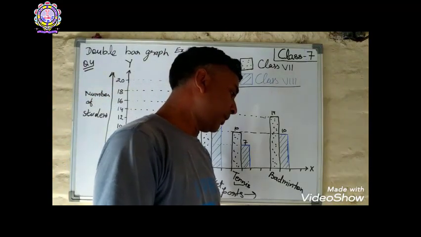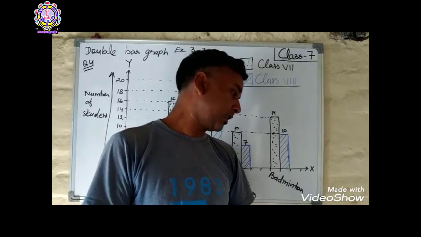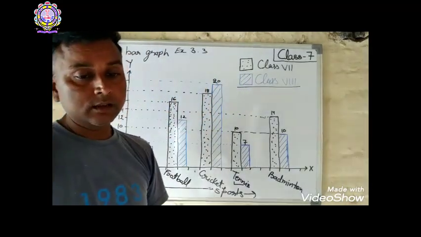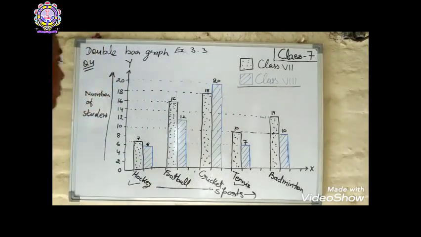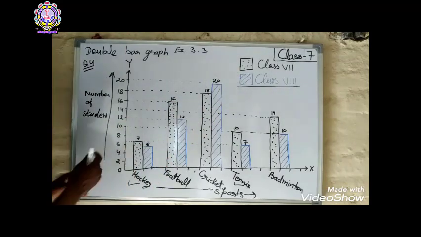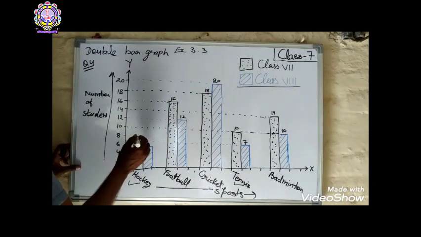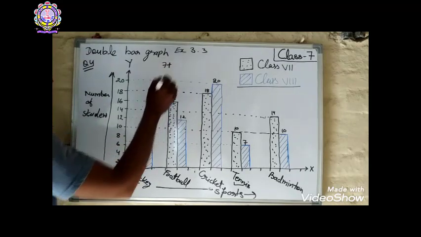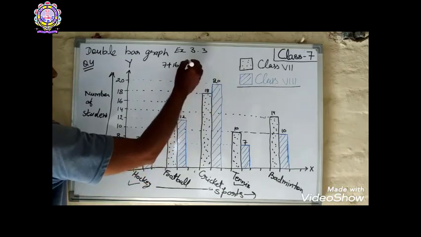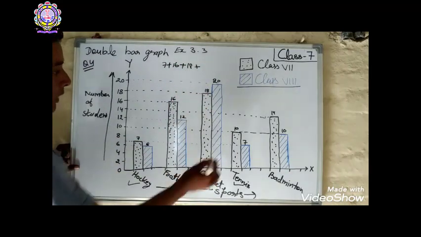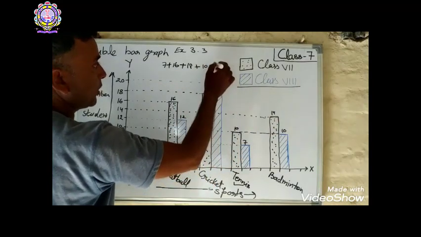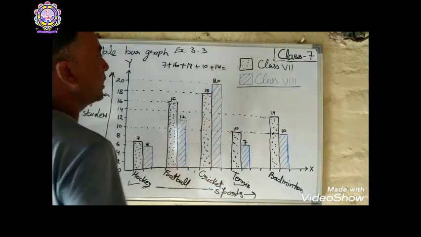C part. How many students are there in class 7? Class 7th students, observe class 7th. That is the black, so that is the 7. Okay, 7 plus 16 plus 18, you add only the black column, 10 plus 14. So add them.